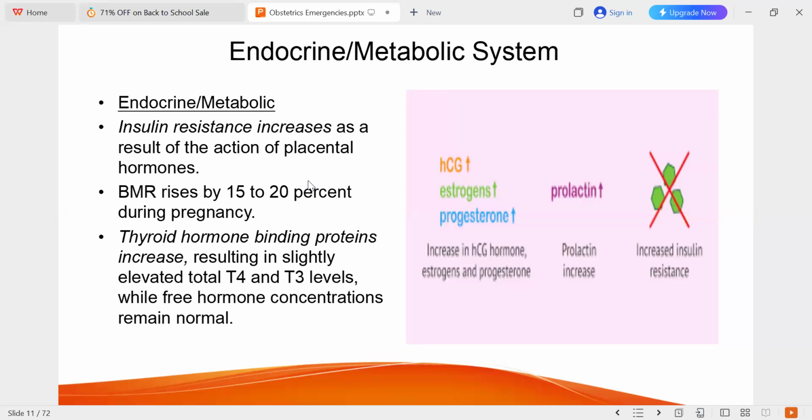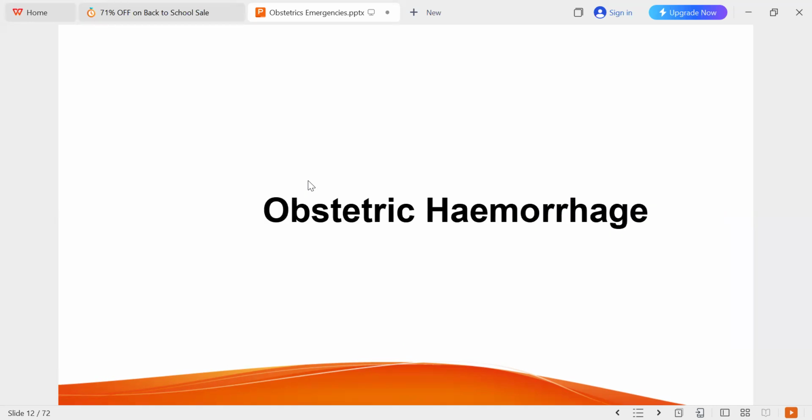There's also an increase in prolactin secretion, and all of this is meant to prepare the woman for the stressful state of pregnancy. So that is just a summary of the physiological changes in pregnancy.